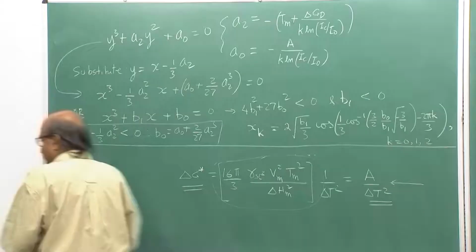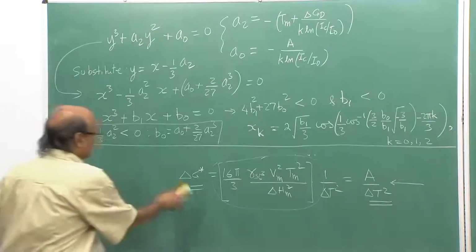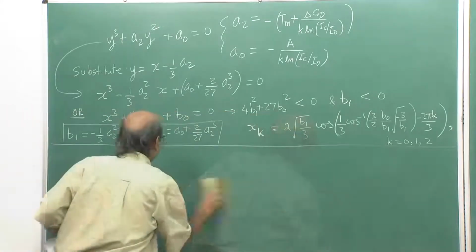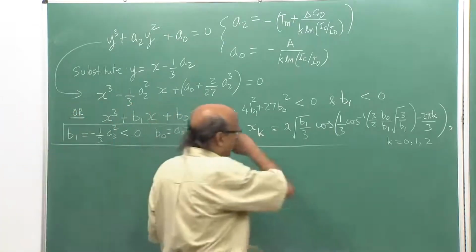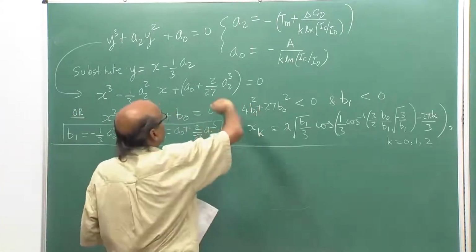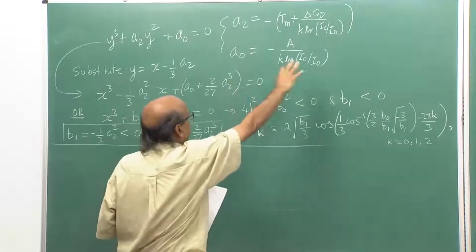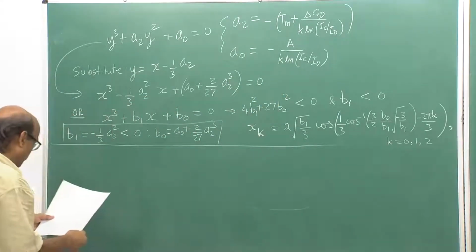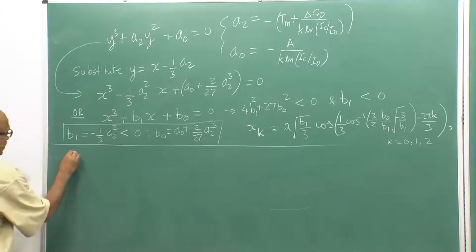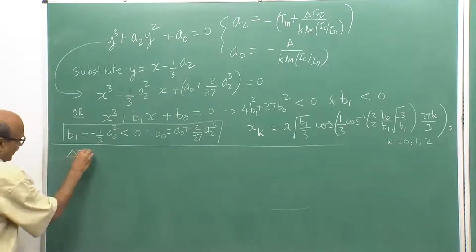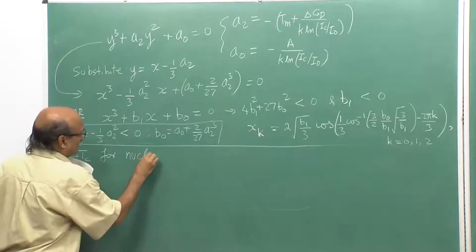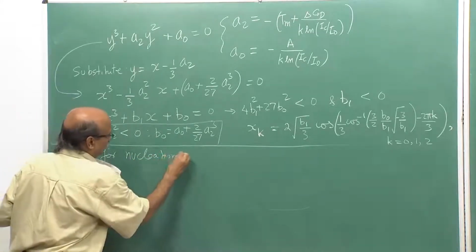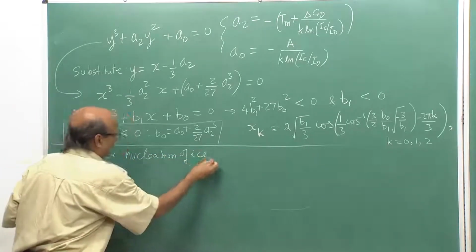So, what do we do with this? So, first we determine for a given system. So, let us say, suppose I want to calculate the critical undercooling for nucleation of ice.